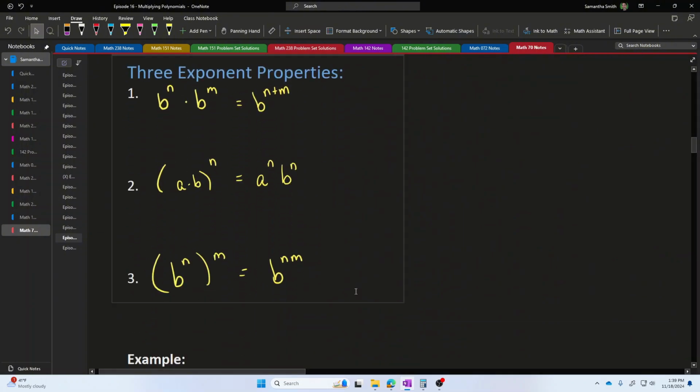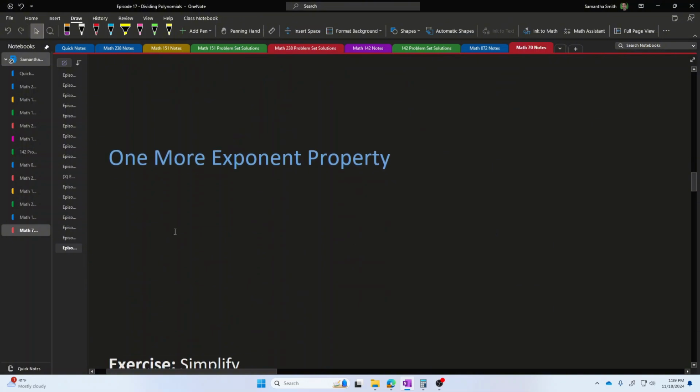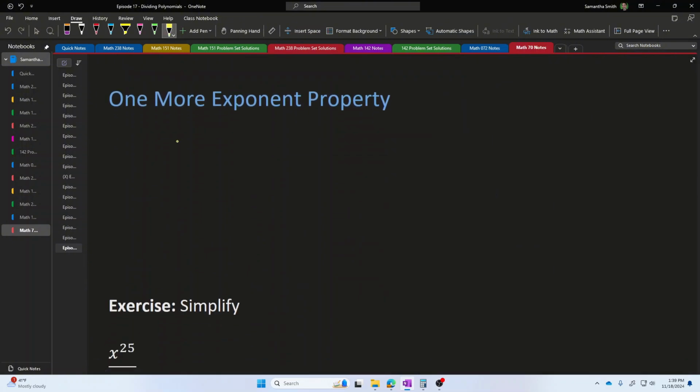We had these exponent properties that helped us when we were multiplying expressions that contained exponents on variables. And now we will have another exponent property that will help us when we are dividing expressions that contain variables. If I am dividing expressions that contain variables, for example, I have some base to some power up here divided by the same base to some other power down here, then I can simplify that expression by just taking that base and subtracting the two exponents.